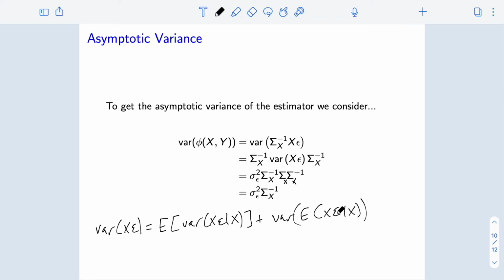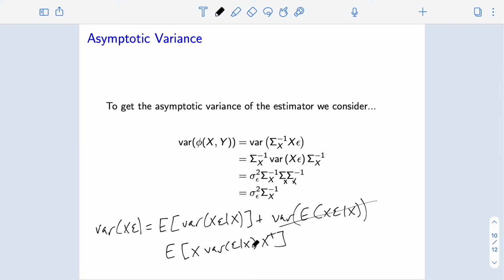Now, because epsilon is mean 0, this is going to be 0 for every x, so the variance will be 0, so this term is gone. And here, once we condition on x, we can treat this as a constant and take it out, although again, we have to left and right multiply by this and its transpose. So we get the expectation of x variance of epsilon given x, x transpose.